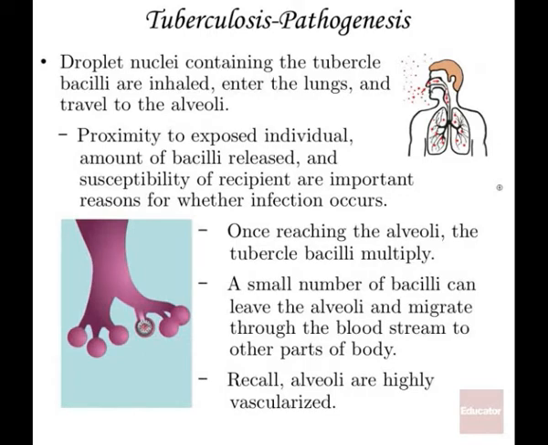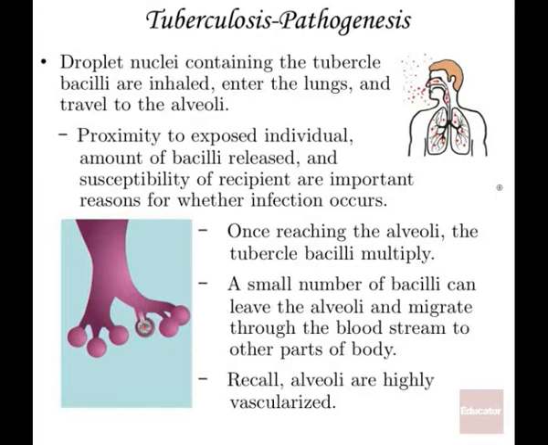And generally, individuals who have an active form of TB are the ones spreading the infection, by coughing, clearing their lungs, and by doing that, they're releasing these bacilli through these airborne droplets.